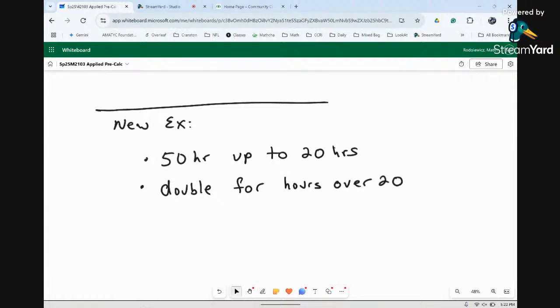Write a function, E of H, that gives your earnings. I'll still put a little flair on it, but not a lot. What's 50 per hour? 50 per hour, up to 20 hours. You work more than 20, you're gonna get double pay. So $50 per hour.